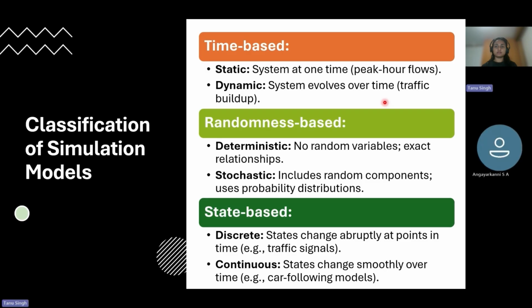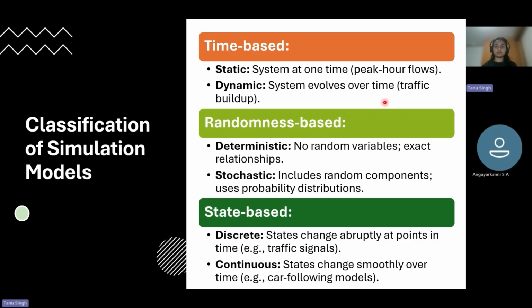Second is randomness based. Deterministic models use exact relationships with no random variables, whereas stochastic models include randomness, with variables following a probability distribution. Third is the state based type, which is discrete or continuous.